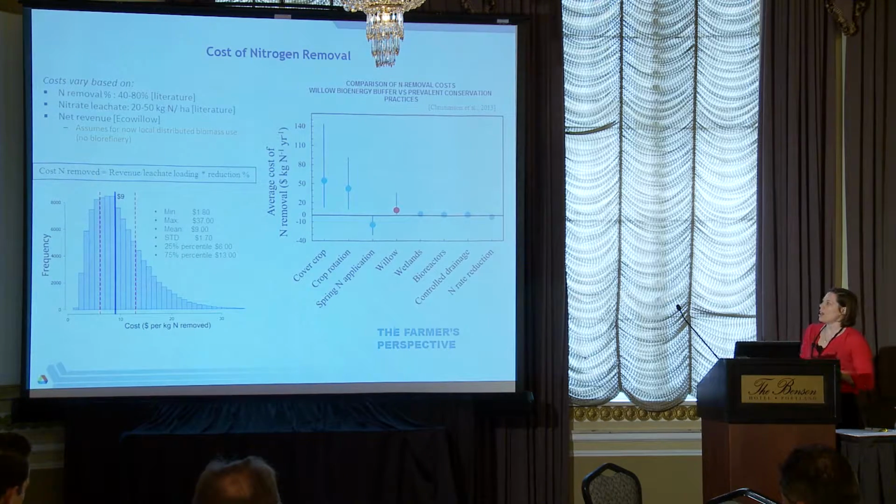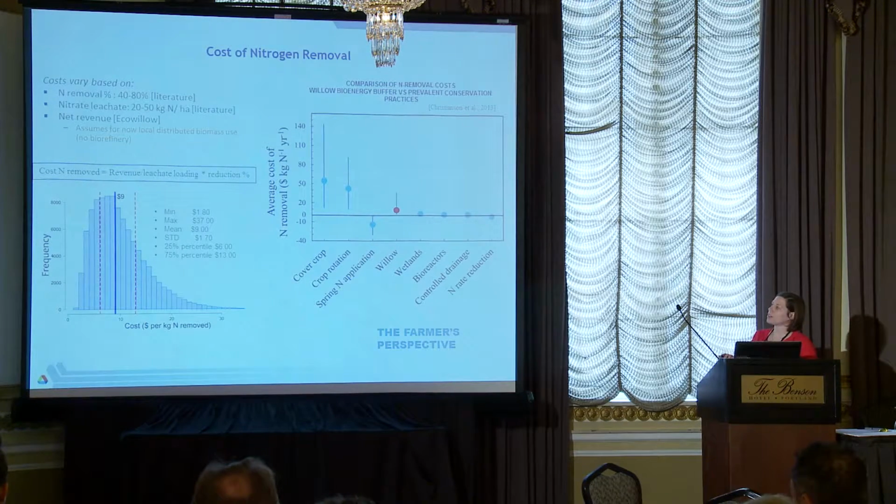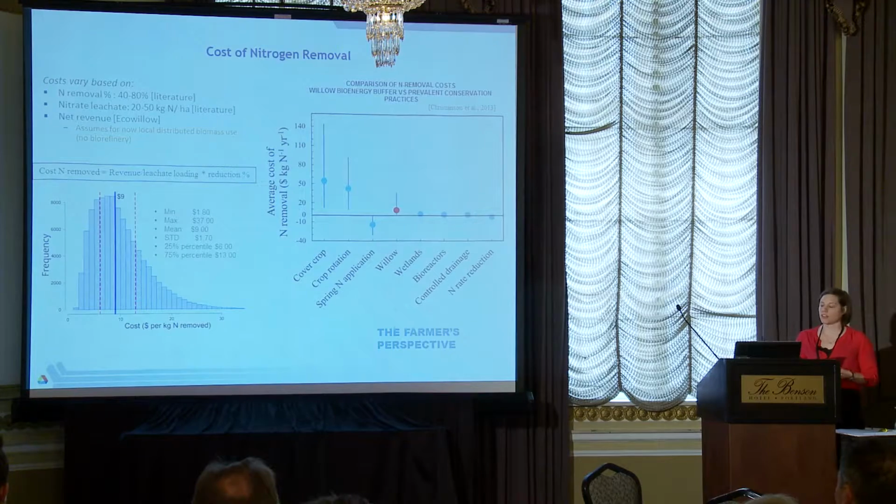And we see that based on literature results and our fields analysis, we have an idea of how much nutrients are being reduced by willow, as well as the amount of nutrients that are leached from the system without a conservation practice.